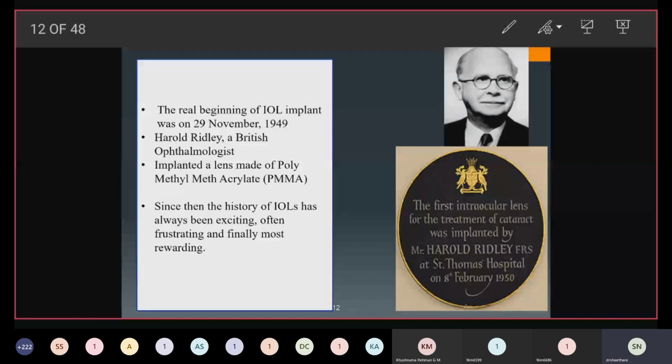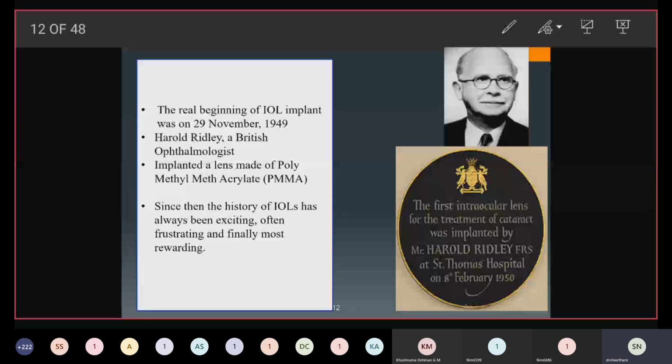So we realized that acrylic plastic is very biocompatible and inert, and it cannot trigger any inflammatory reaction. That is when he proposed use of an artificial lens made of acrylic plastic after cataract extraction.